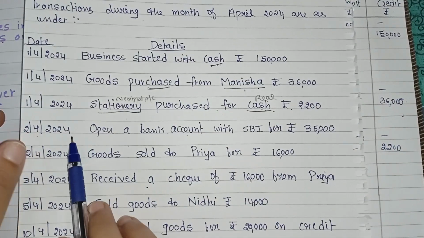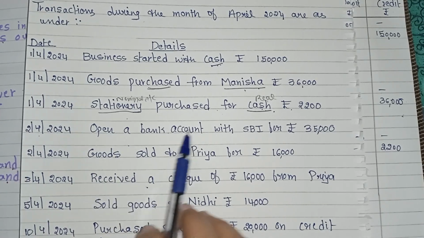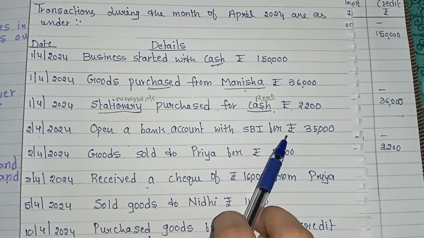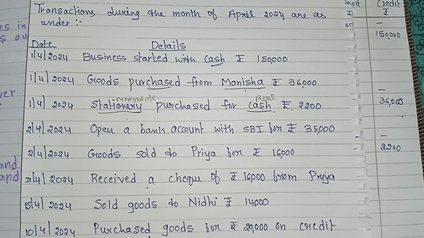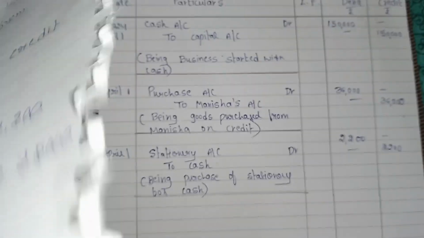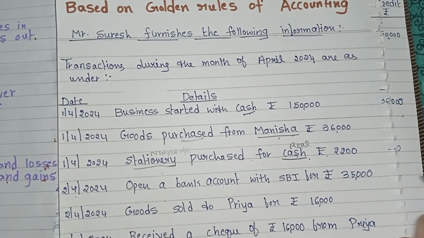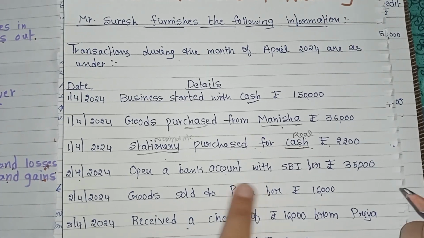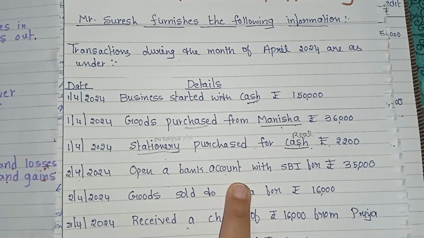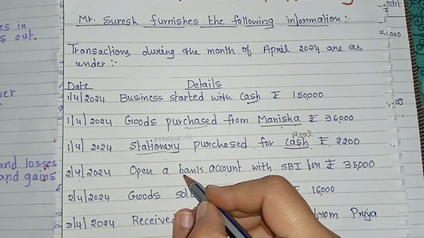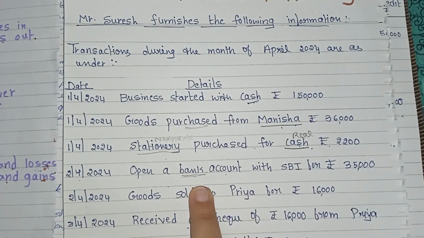Sorry, fourth transaction, that is open a bank account with SBI for rupees 35,000. See, now what is the first step? We have to identify the two types of accounts to be involved. They are open a bank account with SBI. First account, that is bank account.